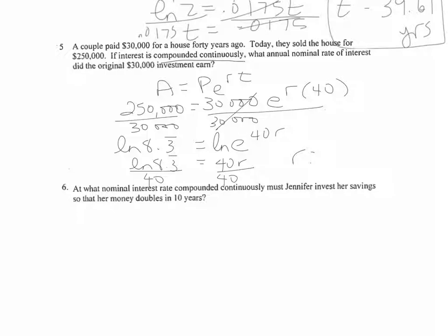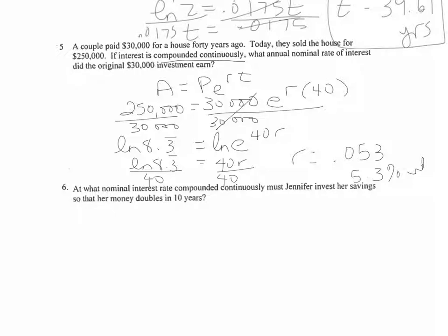So what was their nominal interest rate? 0.053, which is 5.3%. Okay, that's not a barn burner, but that's a heck of a lot better than 1.75. So that gives you a little bit of an idea.